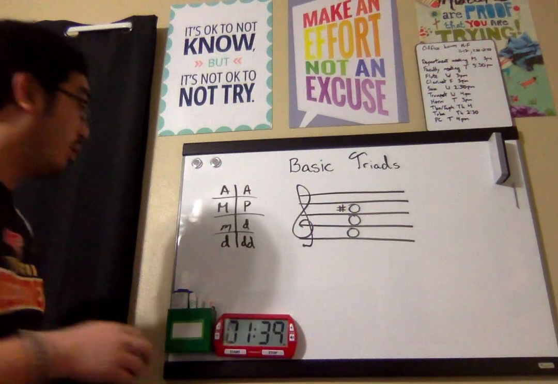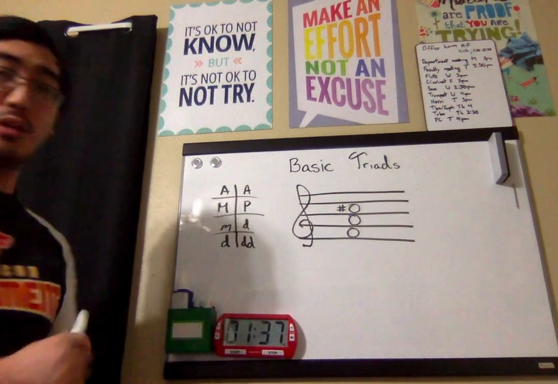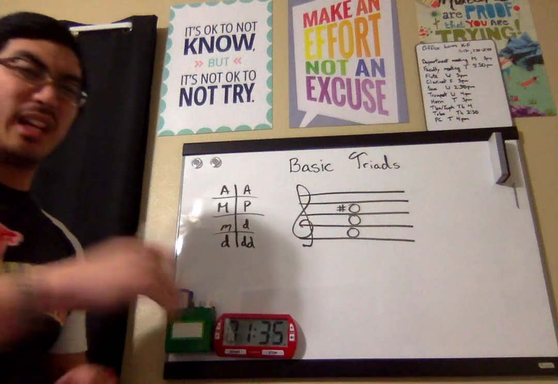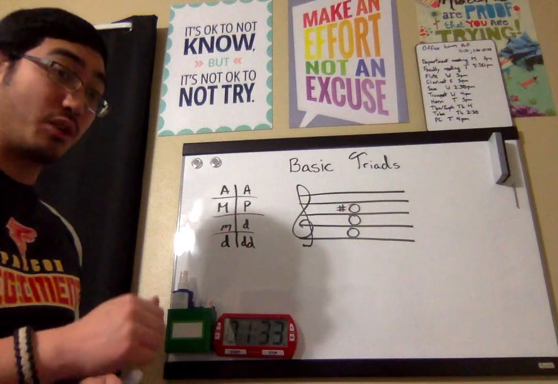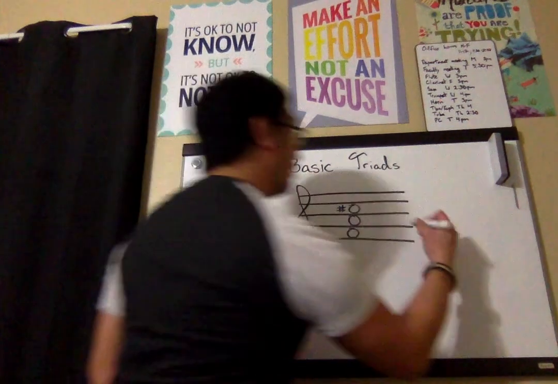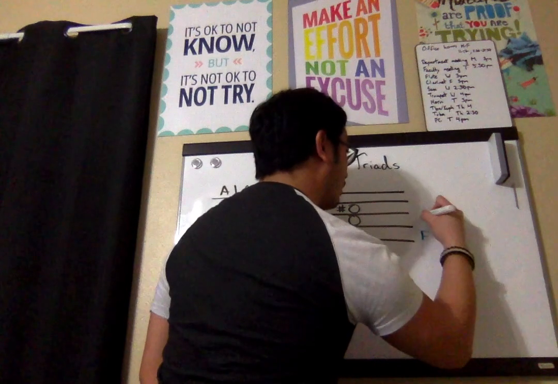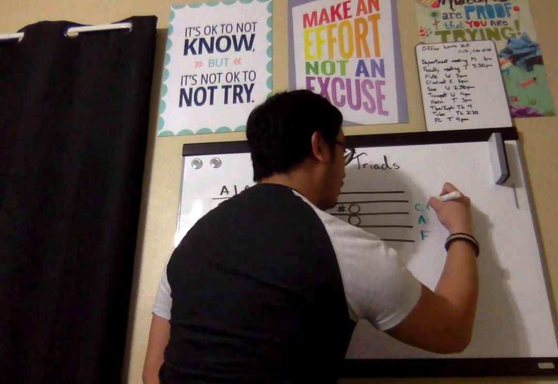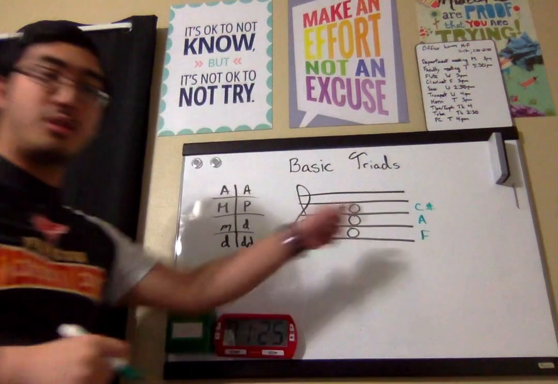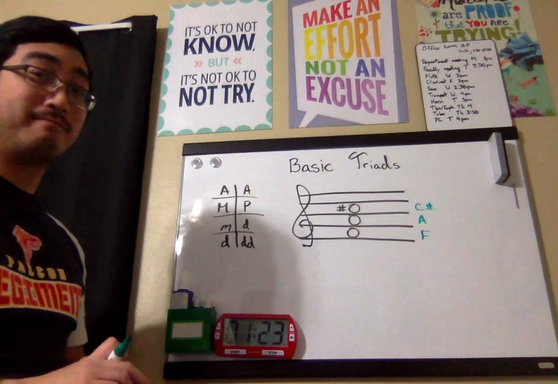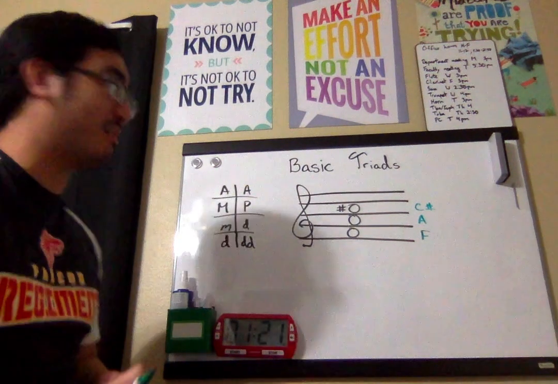First step, remember, we're identifying the notes. I'm letting you get a little bit ahead of me just so you can double check your work. Those are the notes I came up with. I'm right, just so you know.